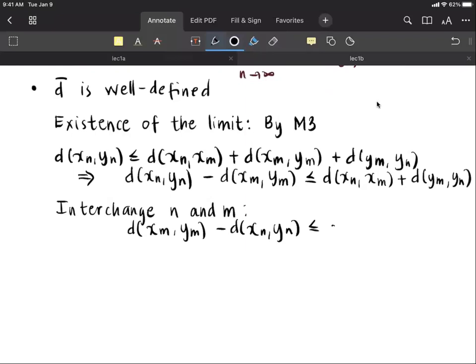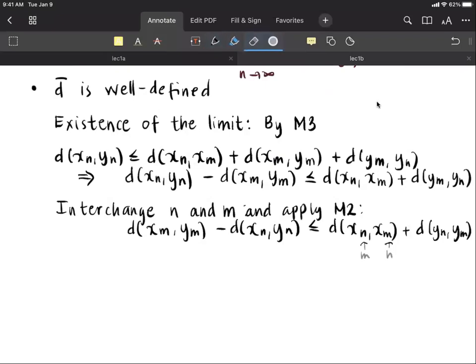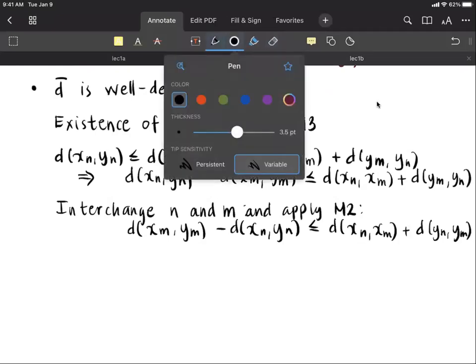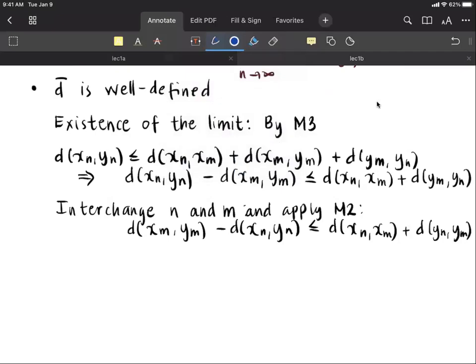And now I apply symmetry, so this would be the distance between yn and ym as well. Here, this should be m and this should be n, but we applied symmetry so that we can interchange the two. Let's say this is inequality 1 and inequality 2.